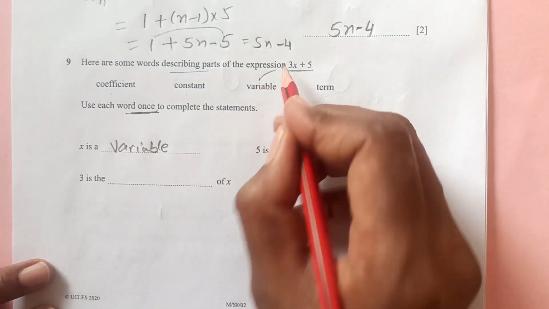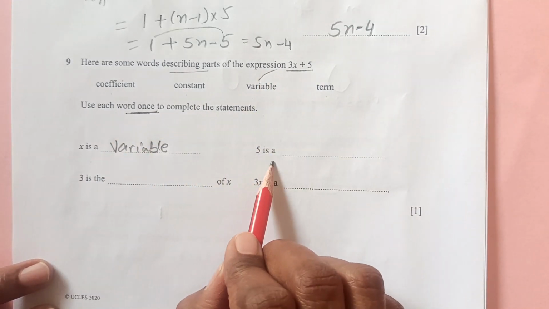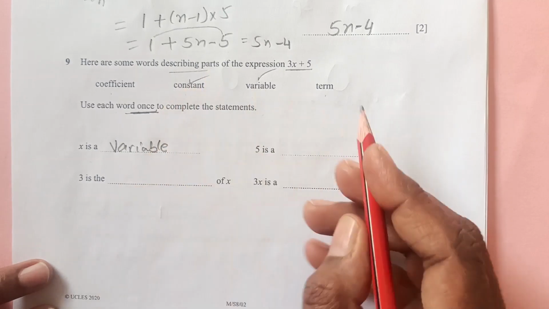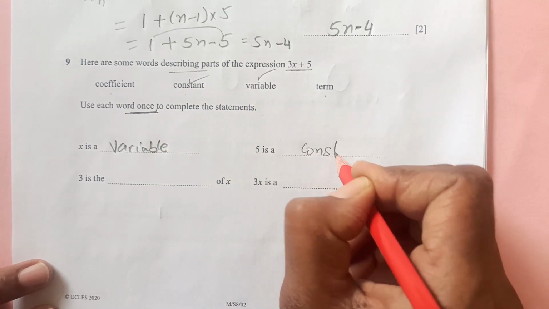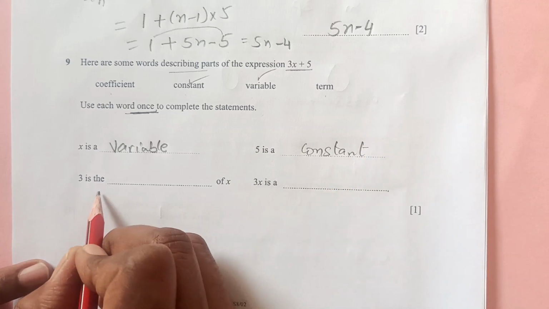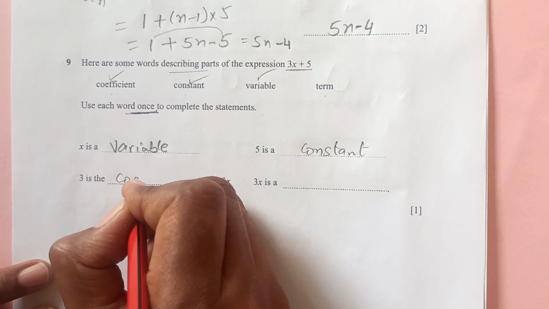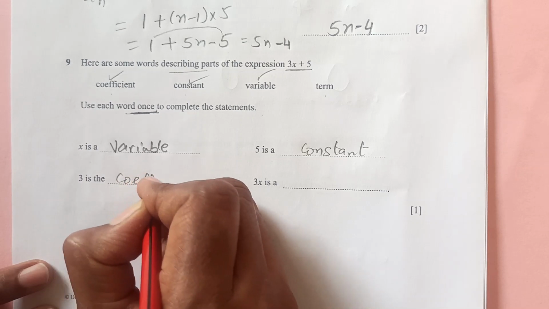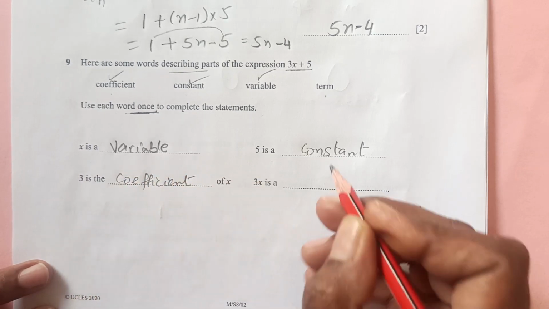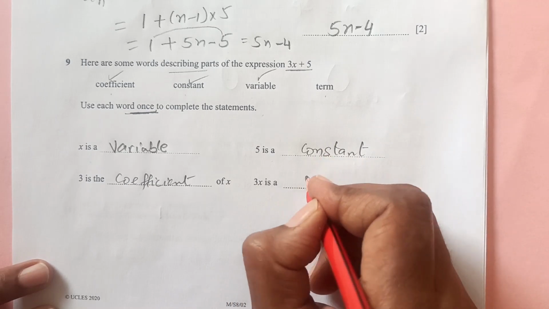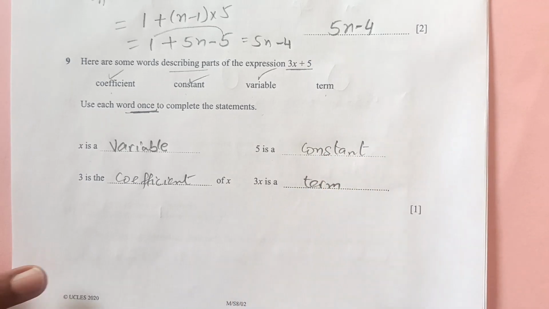We are done with this. 5 is a constant. It's a constant term. It's not going to change. 5 will remain 5, right? And 3 is a coefficient of x. So this is coefficient, right, and 3x is a term. Simple.